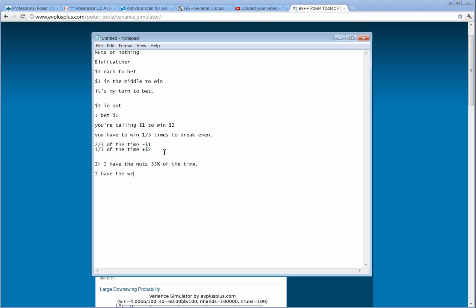I have the worst hand 66% of the time. And 1% of the time I have nothing. Obviously, we have some rounding errors, but yeah.